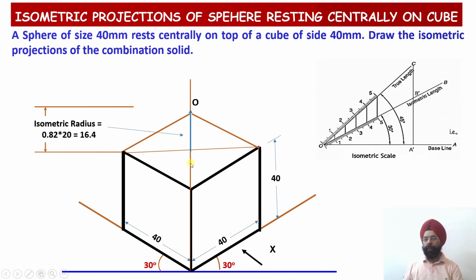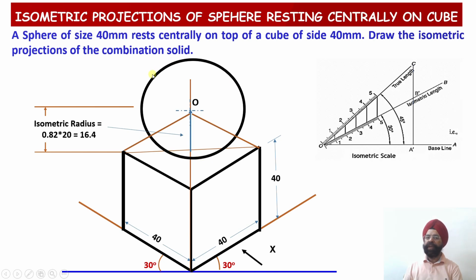So once I open the compass, radius equal to 20 millimeter, and draw a circle of 40 millimeter diameter, because the sphere will appear to be of the same size, no reduction in the size of the sphere will be there. So you will find that this sphere is not touching this particular point, but this sphere is practically resting at this point.